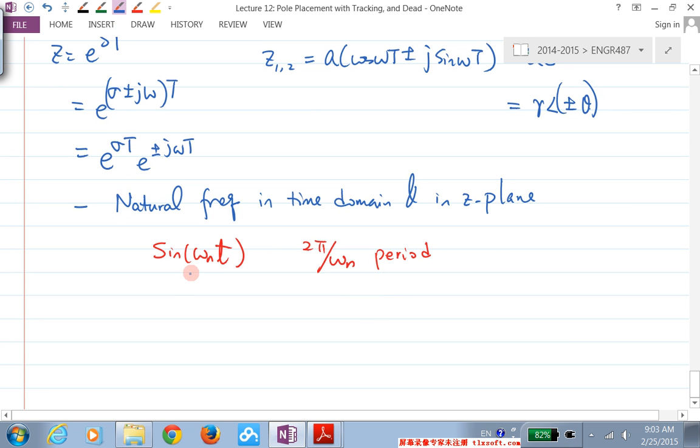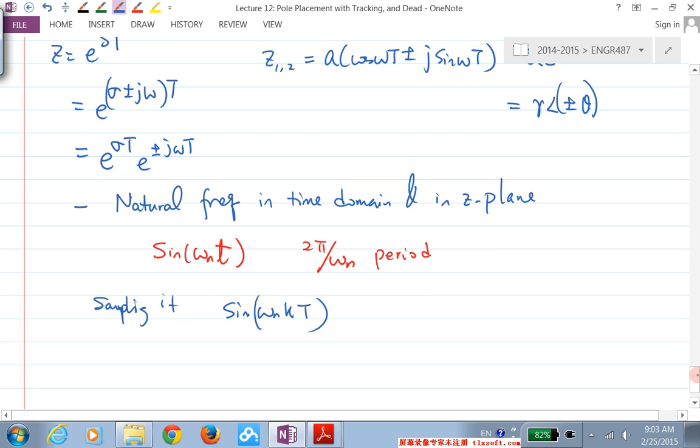Now let's do a sampling. If I sample this, I get sine omega n kT.